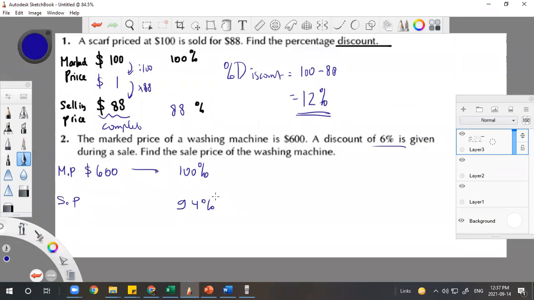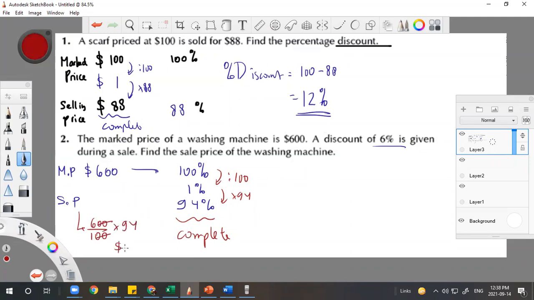Yeah, that's right. Again, Felix owns the game now. Okay, so divide by 100 times 94 on the more complete part. You put 1 on the more complete part. That's how you do it. So the selling price will be 600 divided by 100 times 94.